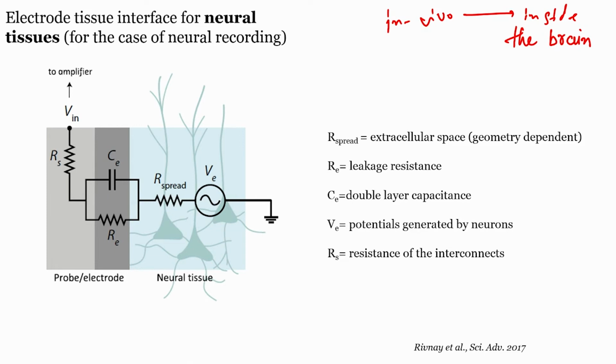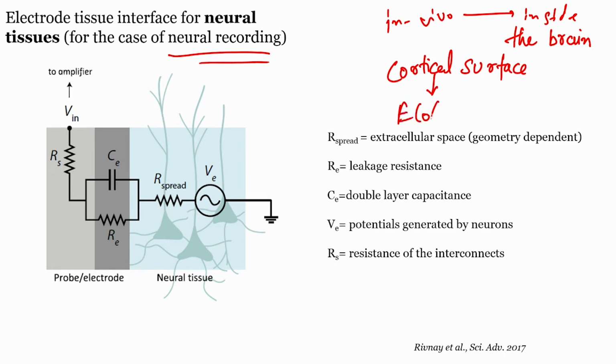The standard operating procedure would be to perform a surgery, create an opening and then expose the cortical surface. The electrical signals that you record from a cortical surface, also called neural recording from a cortical surface, is called ECoG, or electrocorticography.